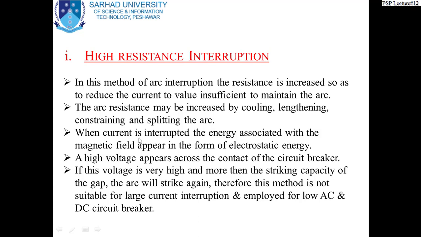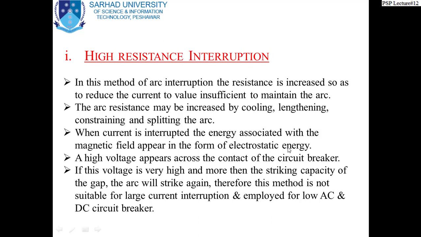Okay, when current is interrupted, the energy associated with the magnetic field appears in the form of electrostatic field. Gentlemen, you might remember from the previous EMF theories that whenever current is flowing, all the energy is within the magnetic field.